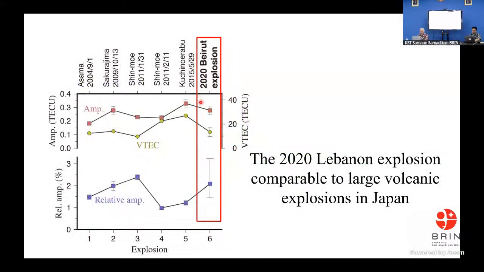Now you can say this explosion was similar to one of the Shinmoe volcano eruptions that occurred in 2011. So we can compare an artificial event or a natural event by using the same quantity, ionospheric disturbance.